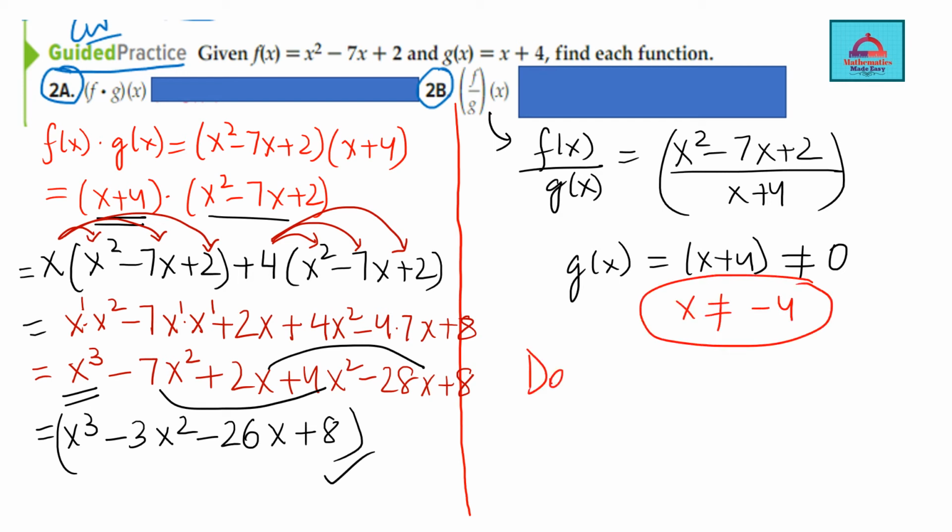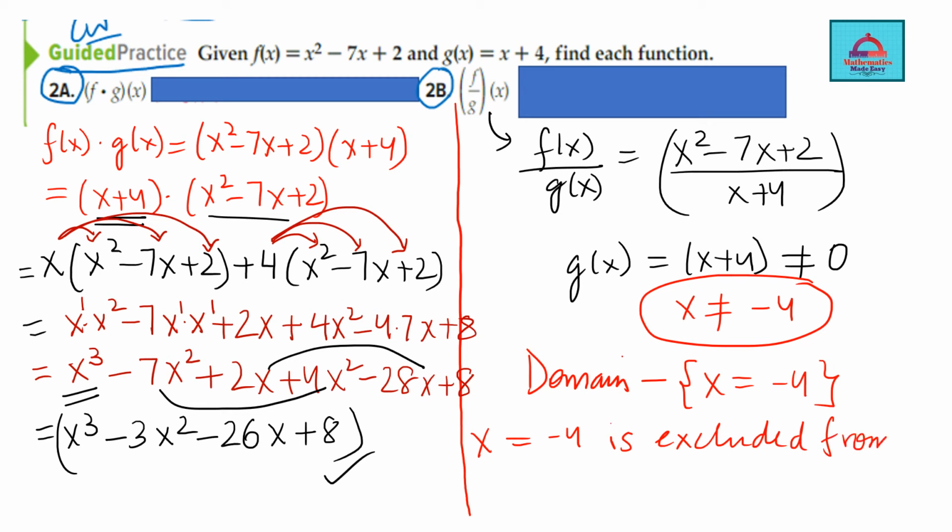So from the domain of the function, you remove x equal to minus 4. So x equal to minus 4 is excluded from the domain of which function? Of the division function of f of x over g of x, as the denominator cannot be 0. So that's how you'll solve the question.